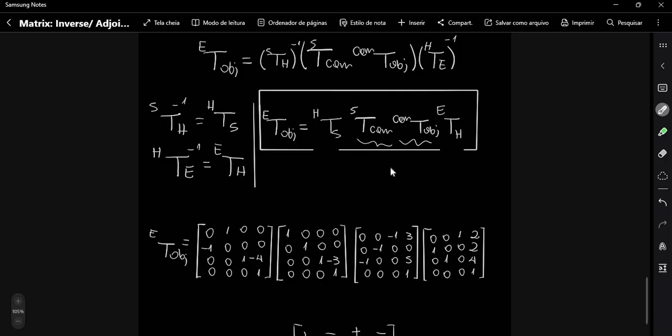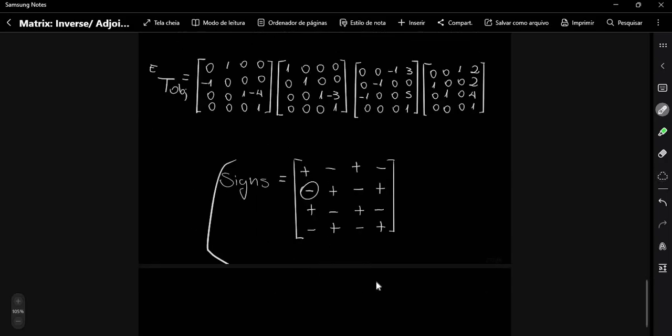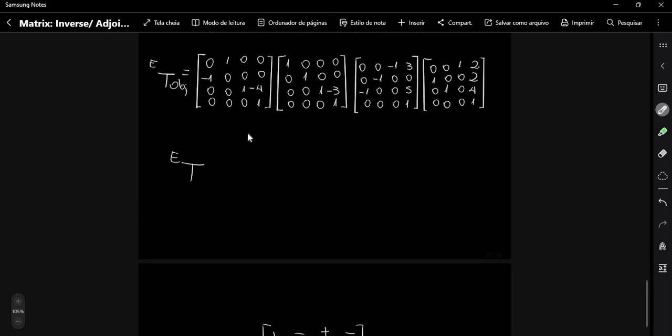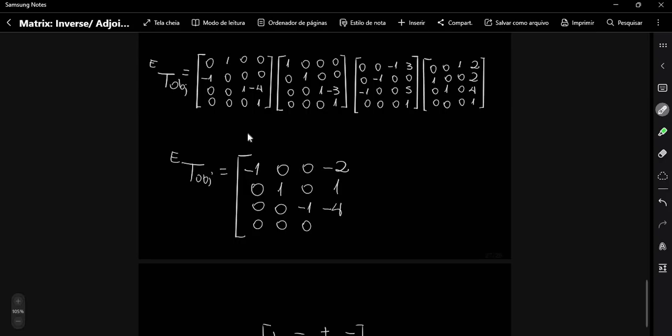And performing this calculus, we obtain the following matrix. And that's it.